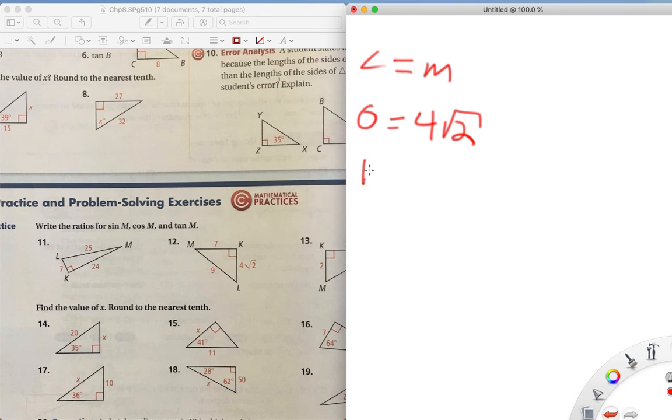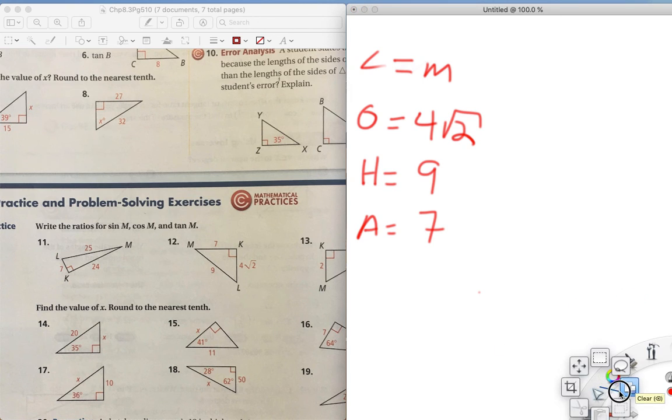So the hypotenuse is 9. And then the side that's adjacent to m is the leg that's always touching m. In this case, the adjacent side is 7. So for number 12, my angle will be m, my opposite side will be 4 root 2, my hypotenuse 9, and my adjacent side will be 7.